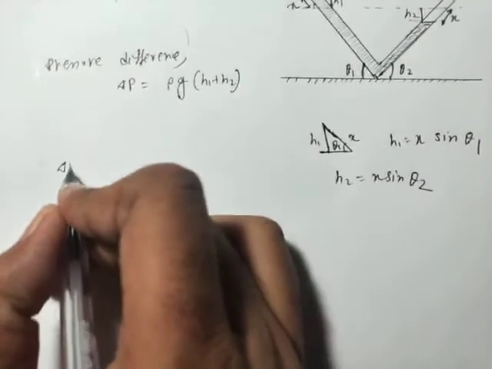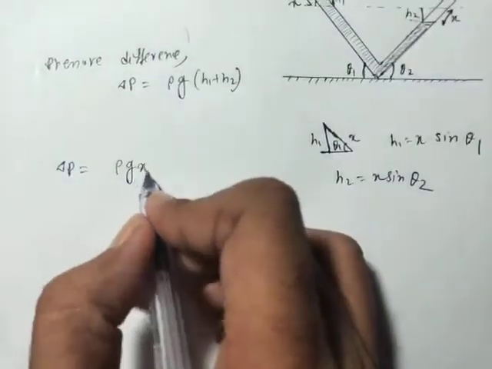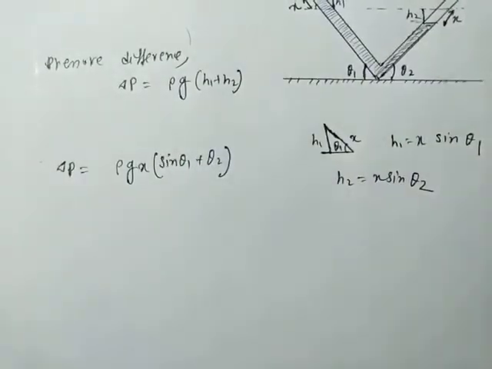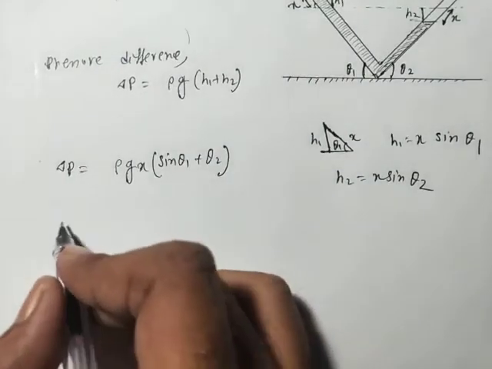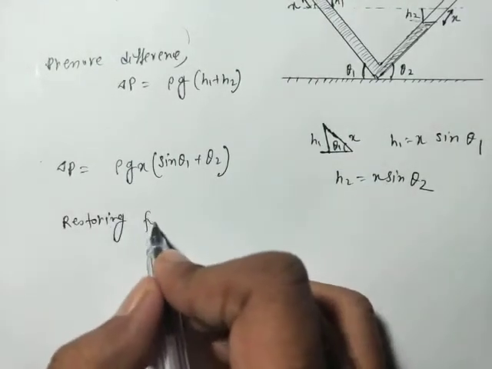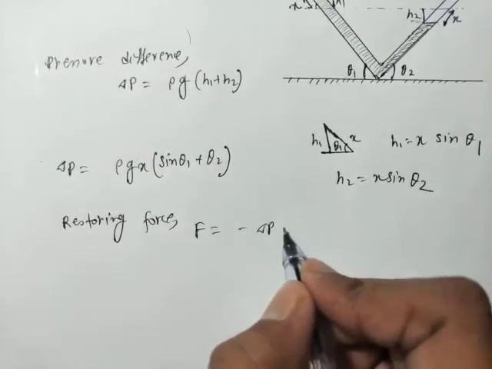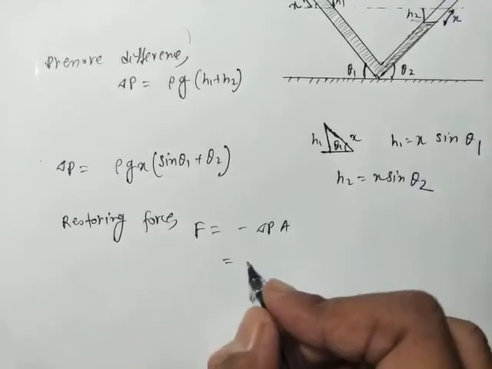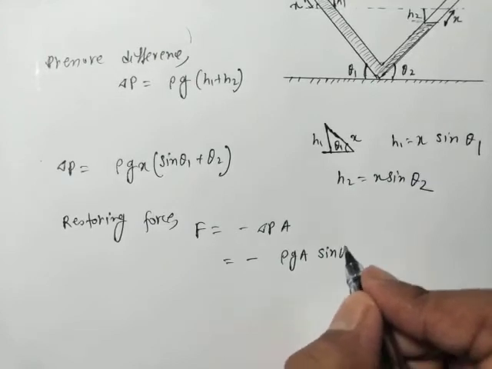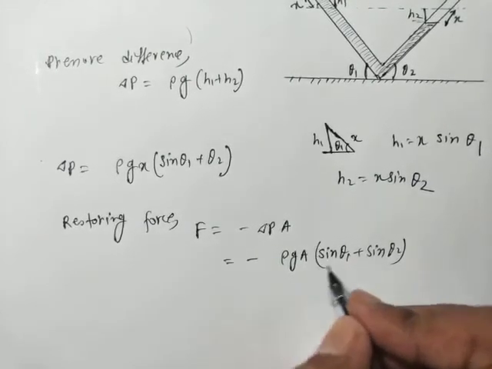So what will be delta P? Delta P will be rho g, taking x common, into (sin theta 1 plus sin theta 2). And as the area of cross section is A, the restoring force F, which will always be negative, is delta P into A, so it will be minus rho g A (sin theta 1 plus sin theta 2) into x.